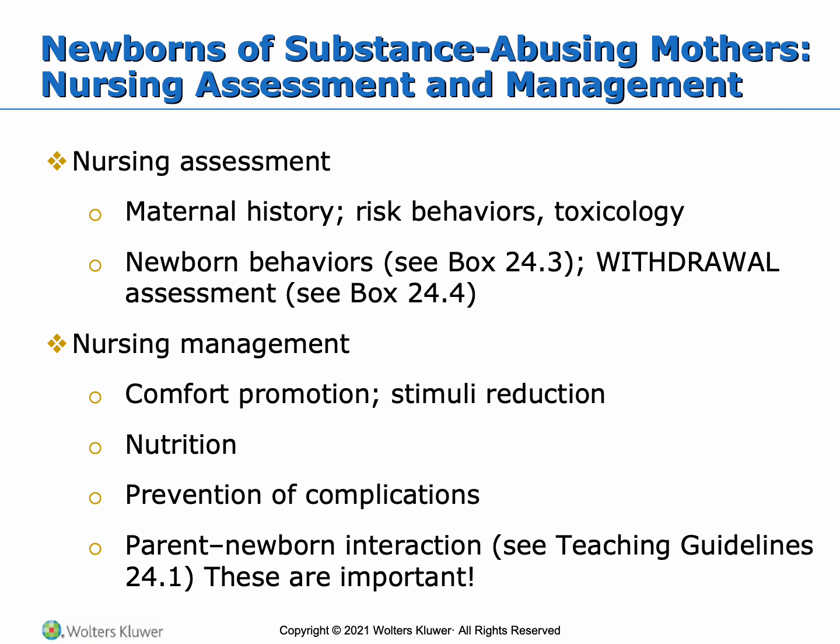Maternal history to identify risk behaviors. So if she's ever had a previous unexplained fetal demise, if she had lack of prenatal care, because clearly she doesn't want to go to the doctor because she's going to be afraid that they are going to drug test her. She may be afraid of incarceration. She may be a prostitute. She may smoke cigarettes.